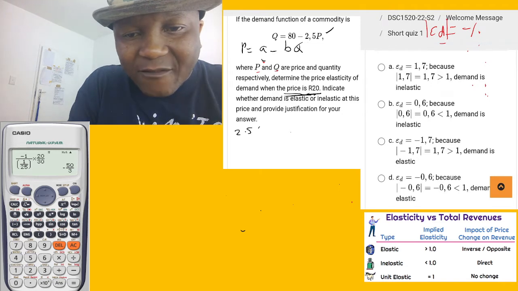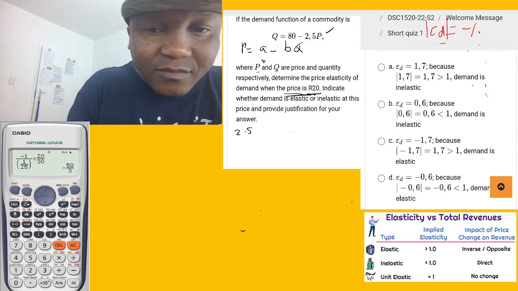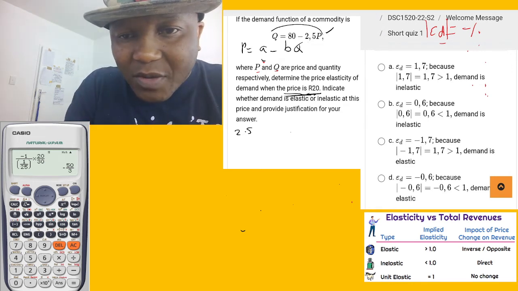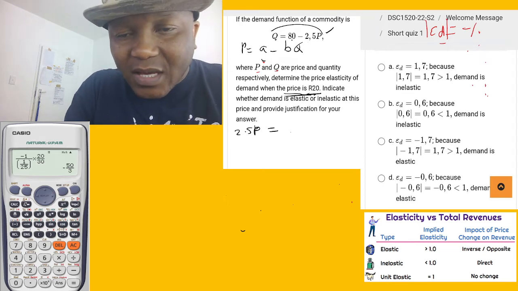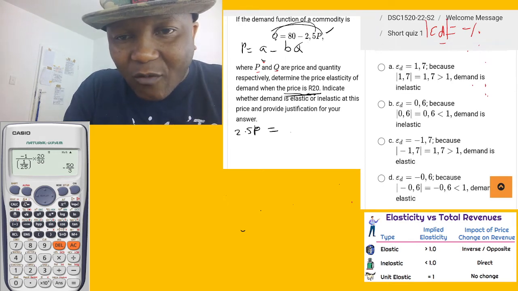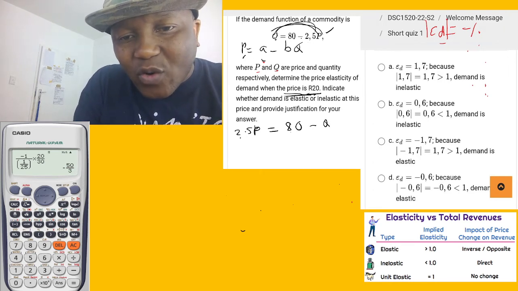It's going to be 2.5 P equal to 80 minus Q. But here we need only P, so we divide by 2.5.